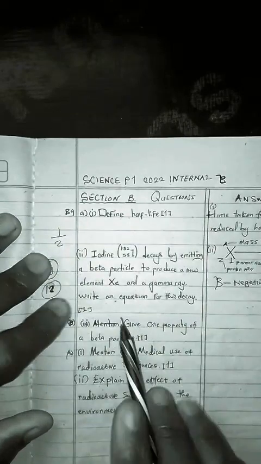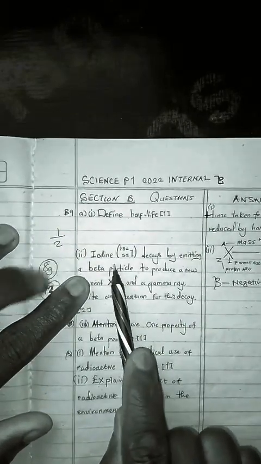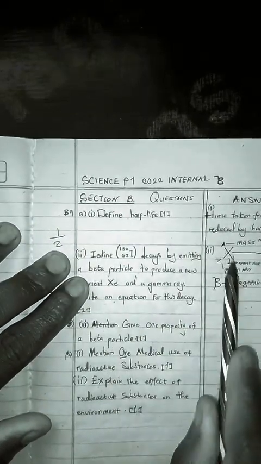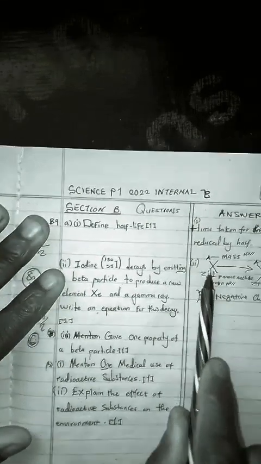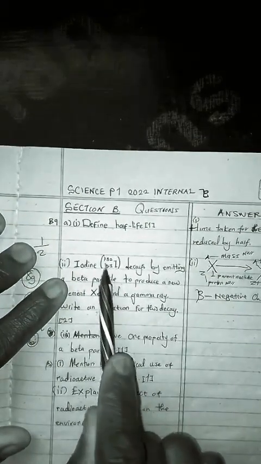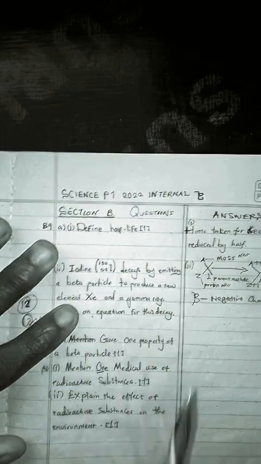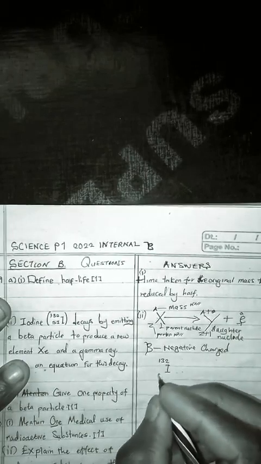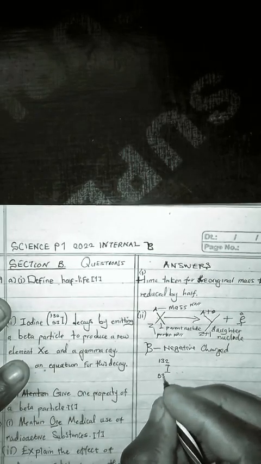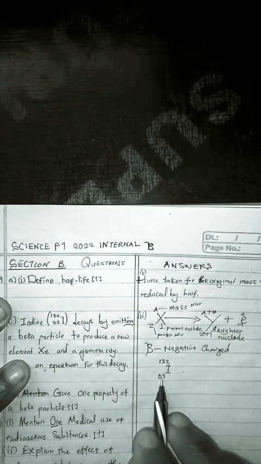Now, according to the information we have been given, they are saying iodine. So iodine is going to be our X. Instead of writing X here, we are going to put iodine, which is 132, with the atomic number 53.